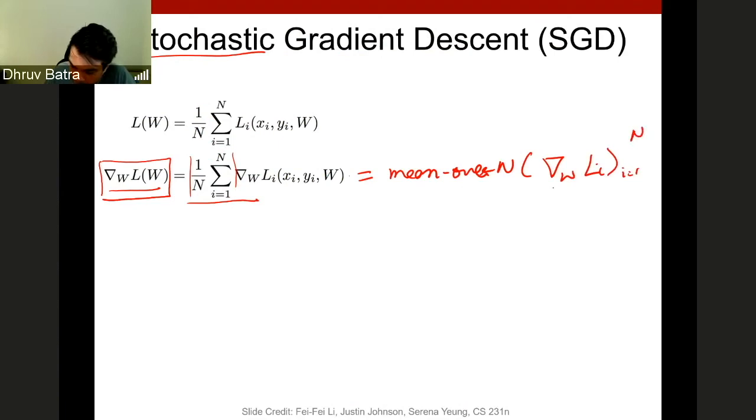So the mean over n of the gradient at each data point. This is that expression. And what we're going to do is approximate this by taking a mean over B things, some batch, of the same quantity. This is one straightforward, obvious interpretation: that we are approximating the gradient.